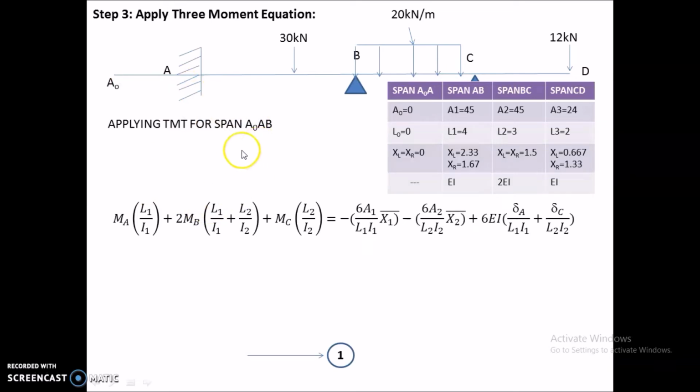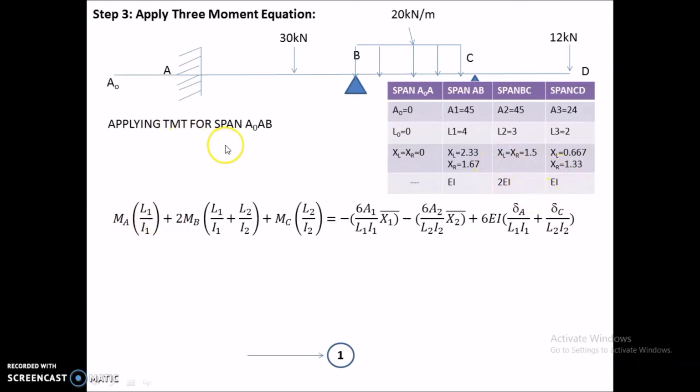Here there is a little variation of the 3 moment equation. I had modified it. Till now we had considered it as MA L1 plus 2MB into L1 plus L2 plus MC into L2 is equal to minus 6A1 x1 bar by L1 minus 6A2 x2 bar by L2 plus 6EI delta A by L1 plus delta C by L2. But since in this case our flexural rigidity is varying, we should also consider this I value.